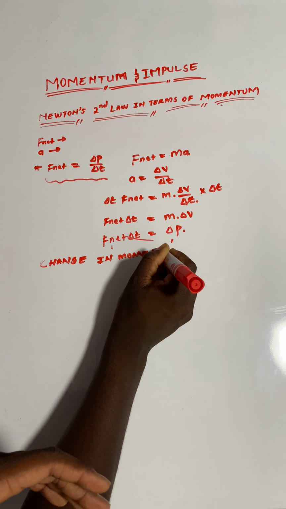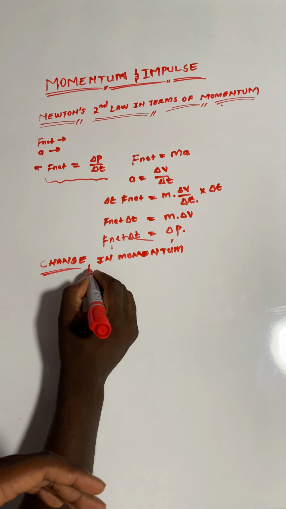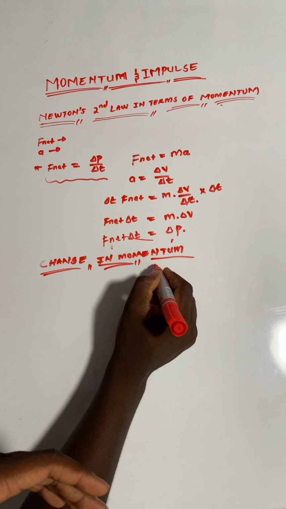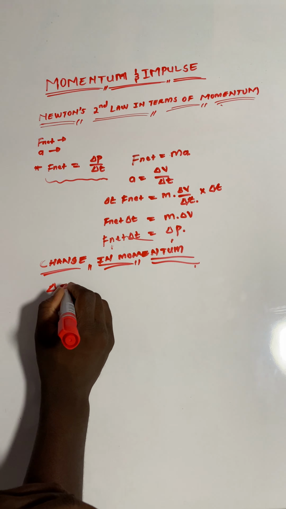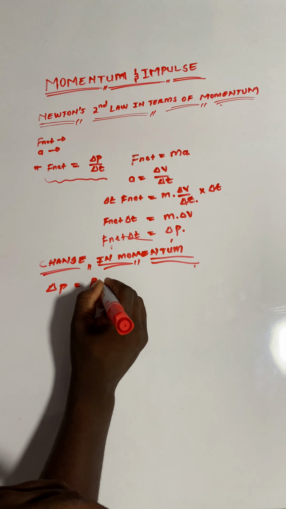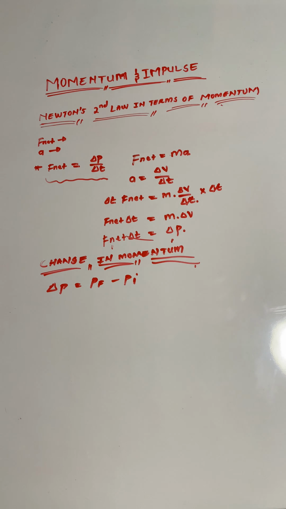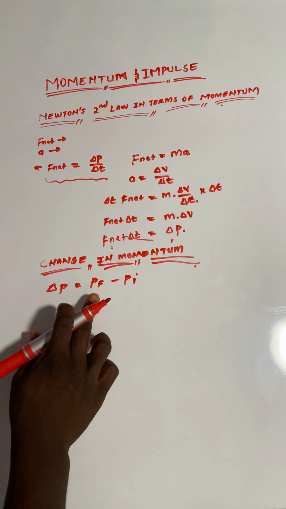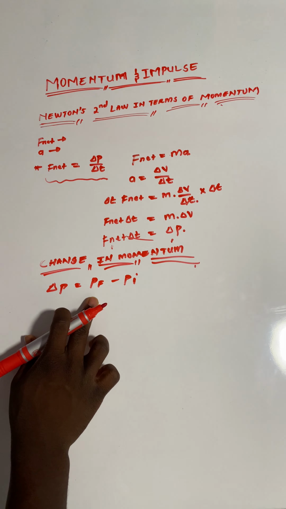Right. So now what is change in momentum, or what is the formula for change in momentum? So change in momentum is simply equal to the final momentum minus the initial momentum. Okay, so now we know that this can be broken down into its components. We know that momentum is also equal to what?